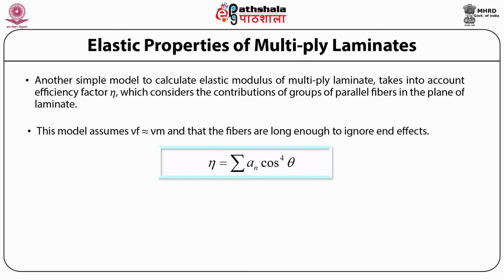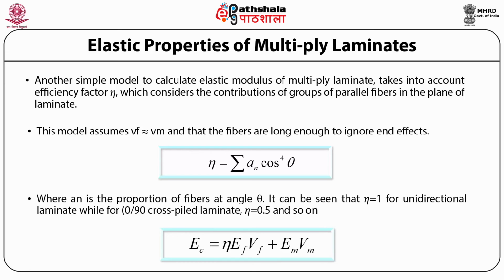This model assumes nu f to be approximately equal to nu m and that the fibers are long enough to ignore the end effects. Here eta is equal to the summation of an cos theta to the power of 4, where an is the proportion of fibers at angle theta.